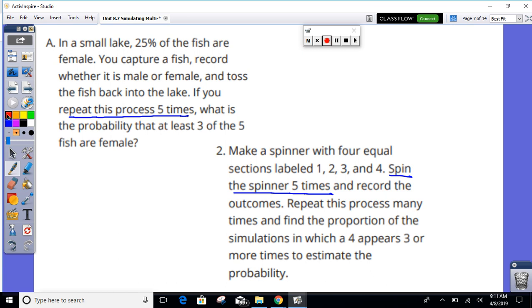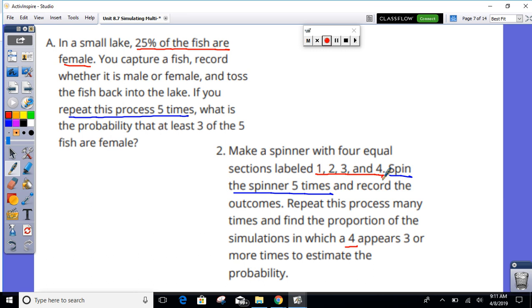How many fish are female? Good. So here it says that 25% of the fish are female, so we can only have 25% of our possibilities being female. And so if we use one of the 4 sections to be the female fish, then we have accomplished that percentage.